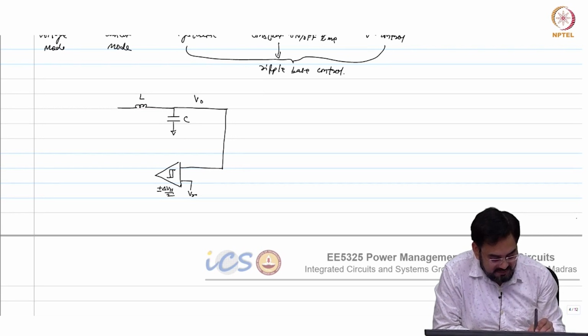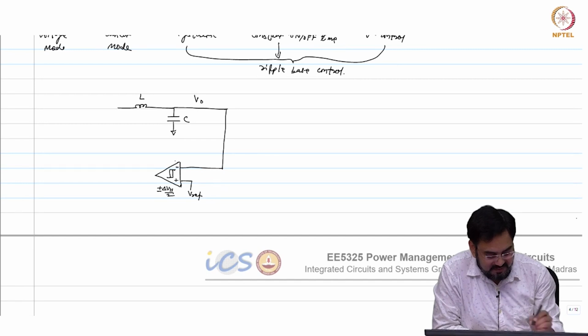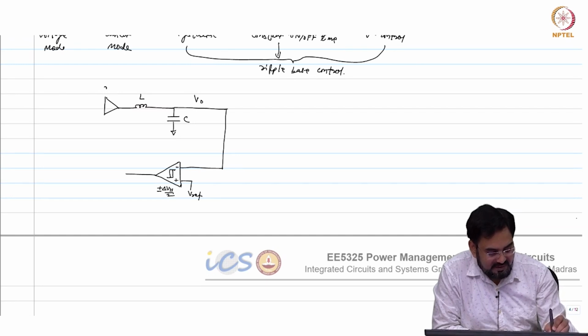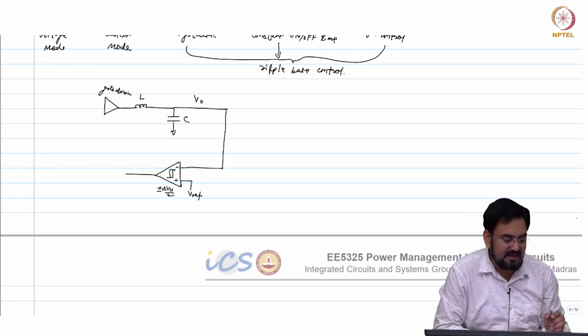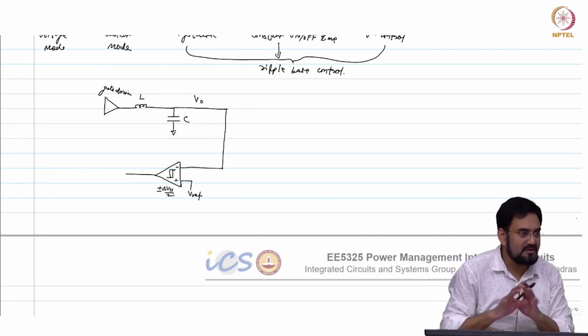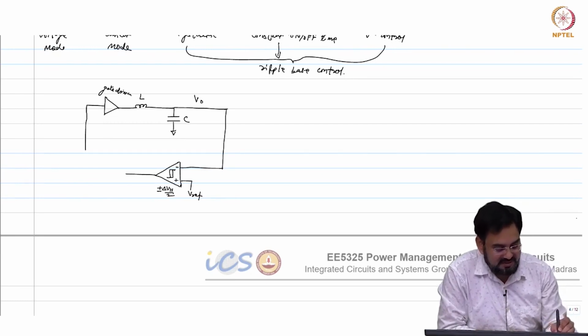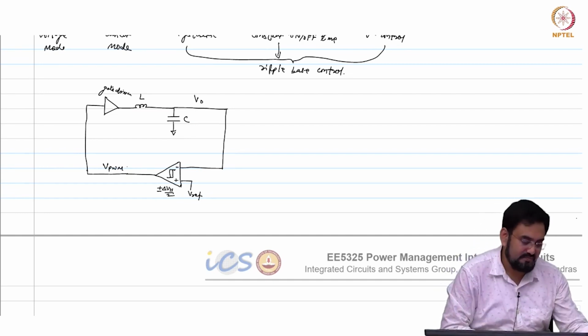If this is Vref plus minus, and this is your V out, and this is your gate driver. When I say gate driver, you can assume it has non-overlap clock and buffers everything in it. So I don't want to draw the same thing again and again. And I call this VPWM.